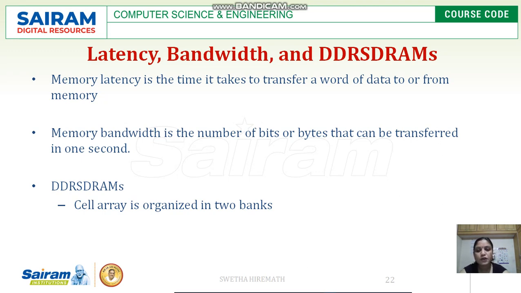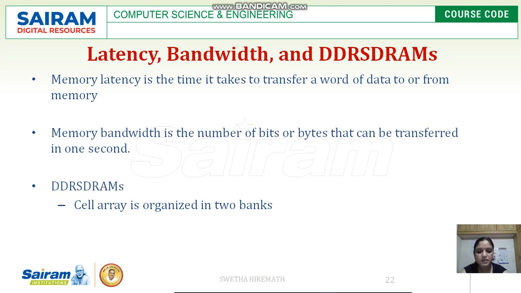So the time required to read or write two words is a single shot of time. This is the advantage of using DDR SDRAMs, that is double data rate synchronous dynamic random access memories.